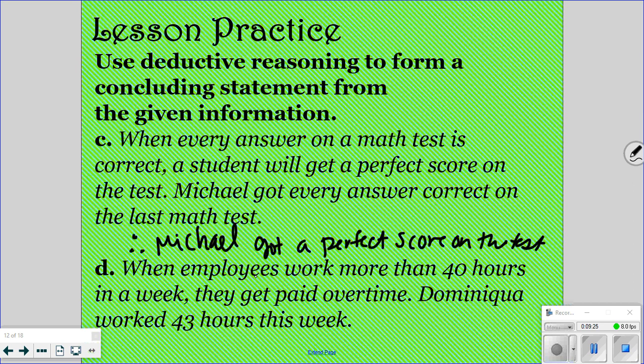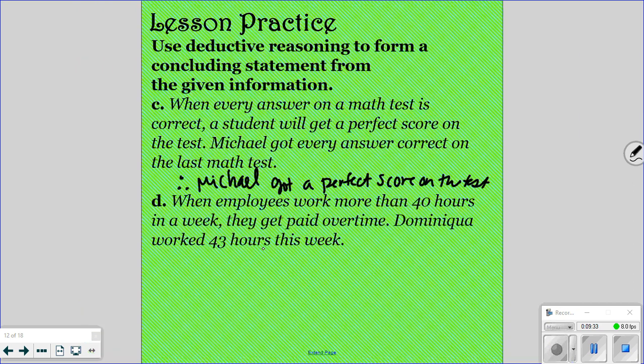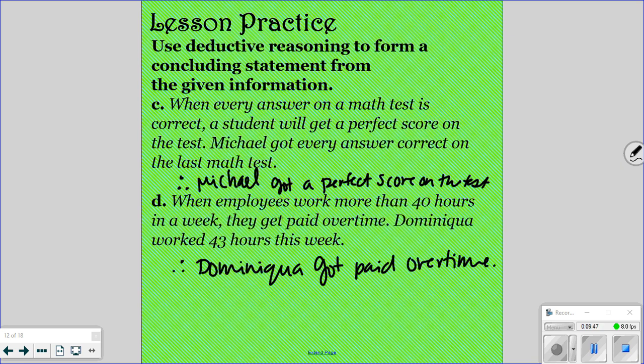Let's look at one more. When an employee works more than 40 hours in a week, they get paid overtime. Dominiqua worked 43 hours this week. So the conclusion that you would say, therefore, Dominiqua got paid overtime. So that's how those two would work.